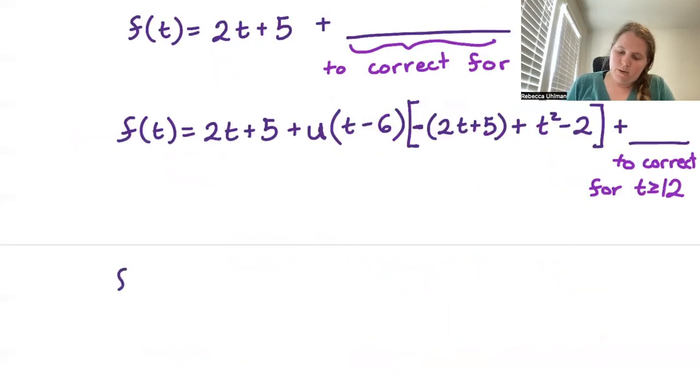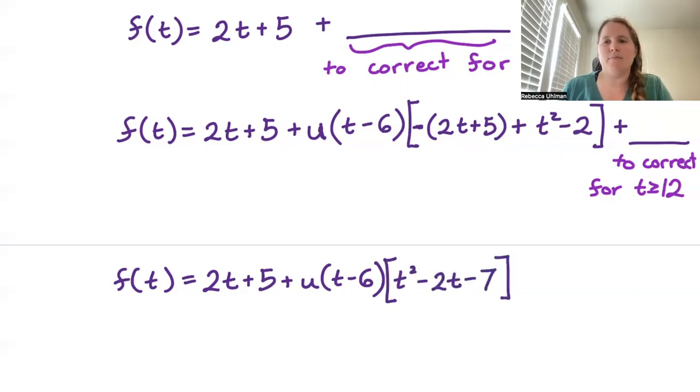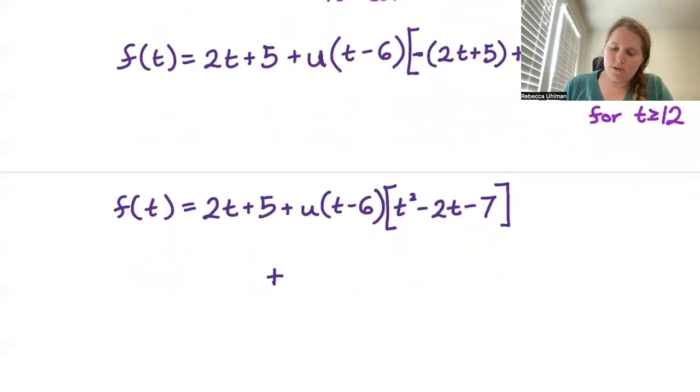So at this point, we have f of t equal to 2t plus 5 plus u of t minus 6 times t squared minus 2t minus 7, which is what was left inside. And then our last stage, we're correcting at 12, so we need u of t minus 12.